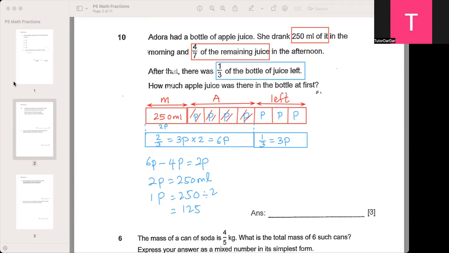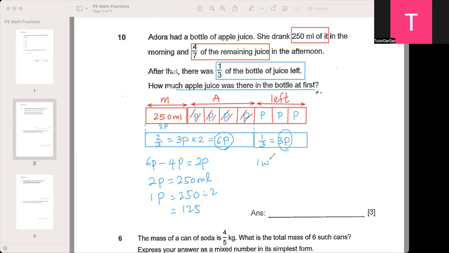Now, what is the question? The question is, how much apple juice was there in the bottle at first? So that means they want the original amount of apple juice in the bottle. So the total is this 6 portion plus 3 portion.